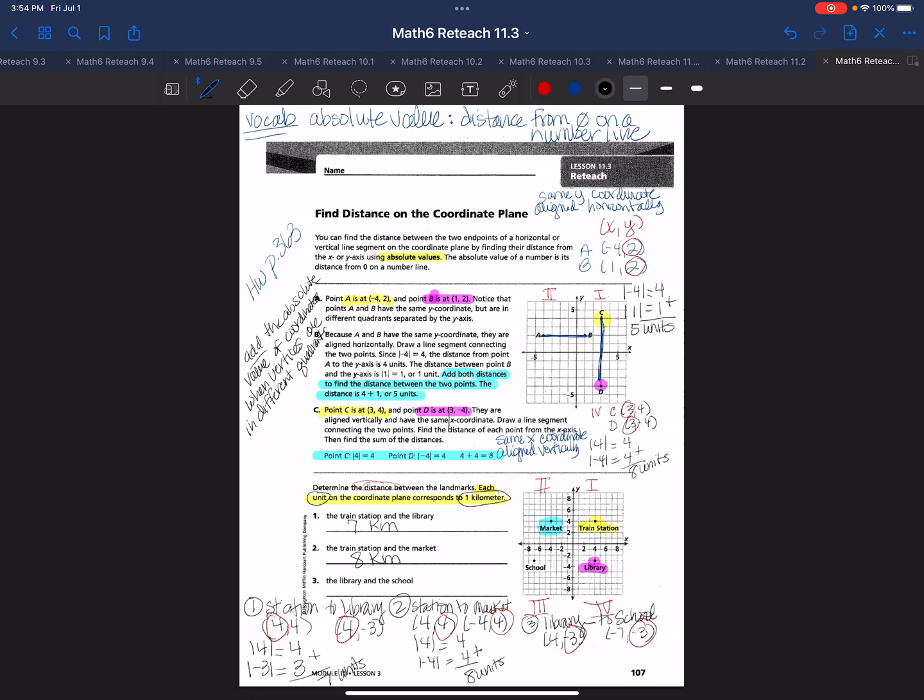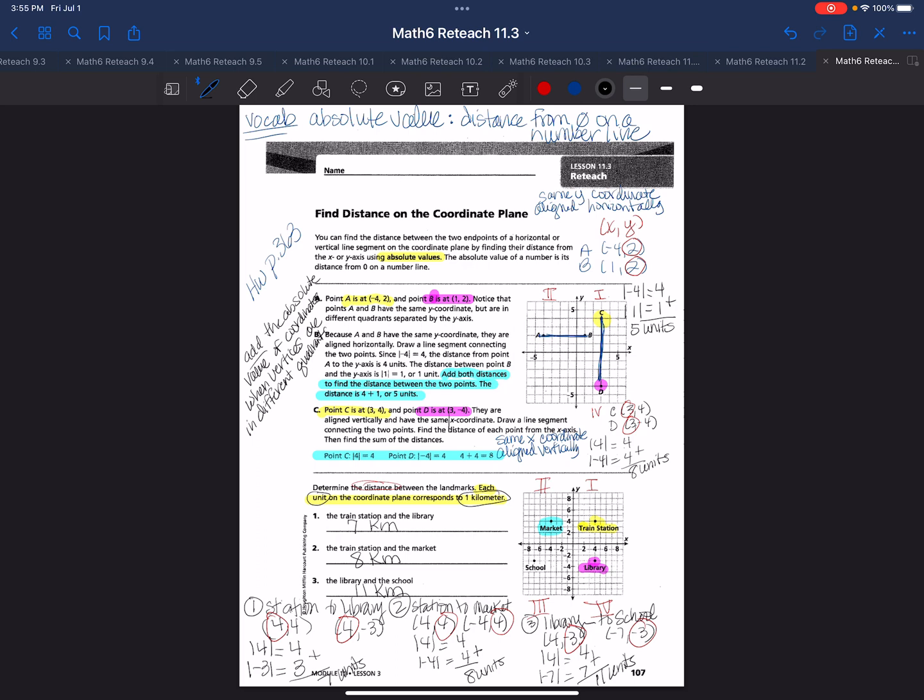So now I need to take the absolute value of the x. So the absolute value of 4 is 4. The absolute value of -7 is 7. I need to add them together, and I get 11 units. And units are kilometers, so the distance between the library and the school is 11 kilometers.